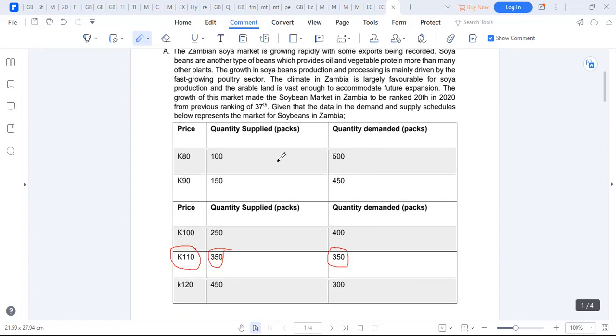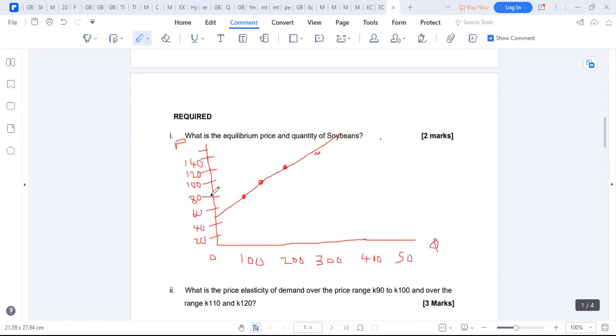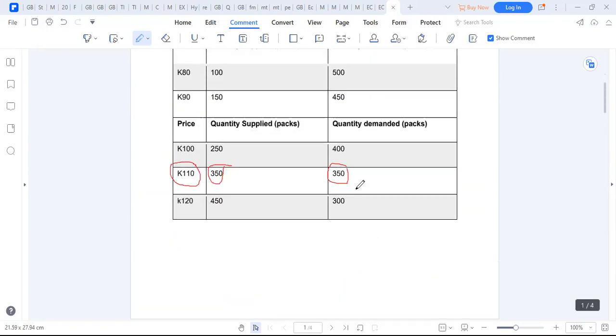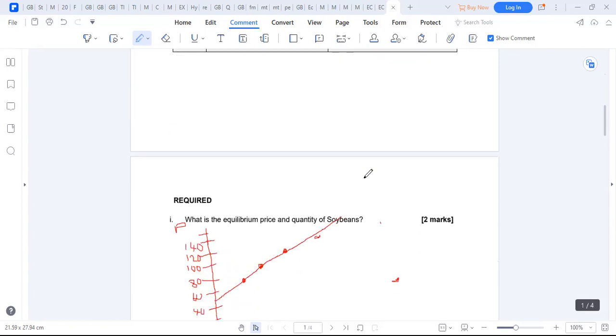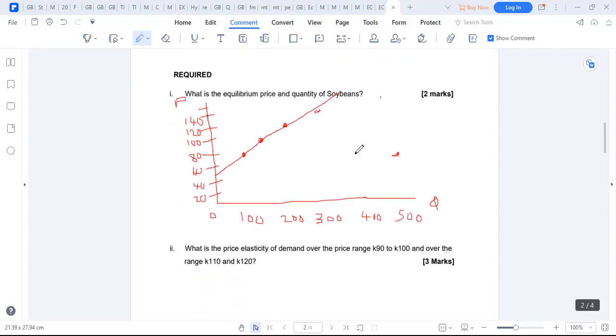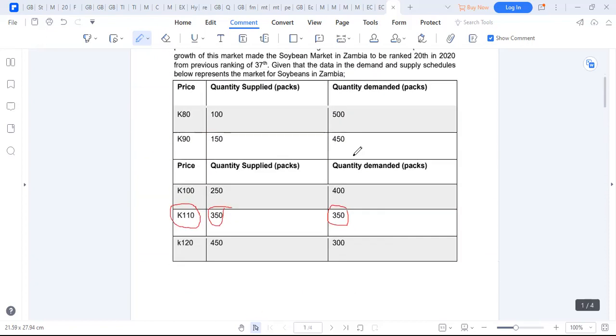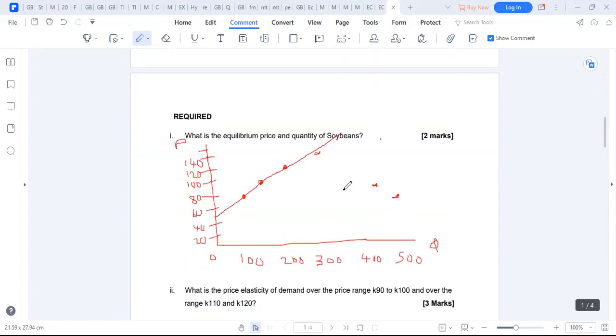Then for demand, 80 against 500. 500 is somewhere there, so we put it there. And we have 90 against 450, somewhere there. Then we have 100 against 400.